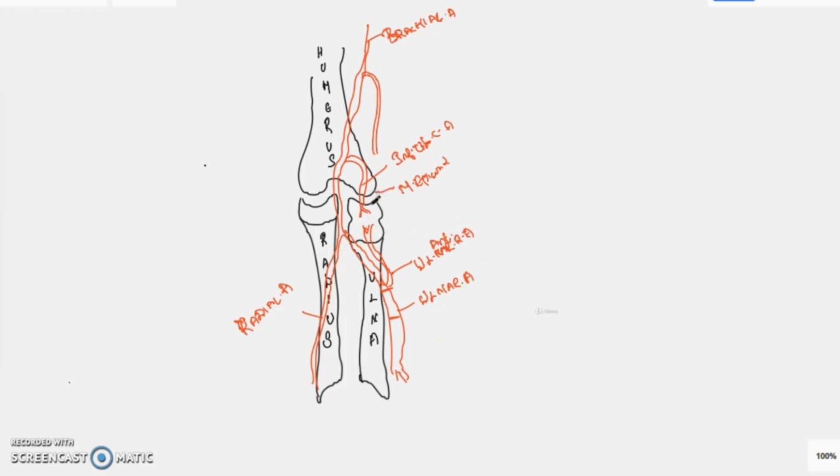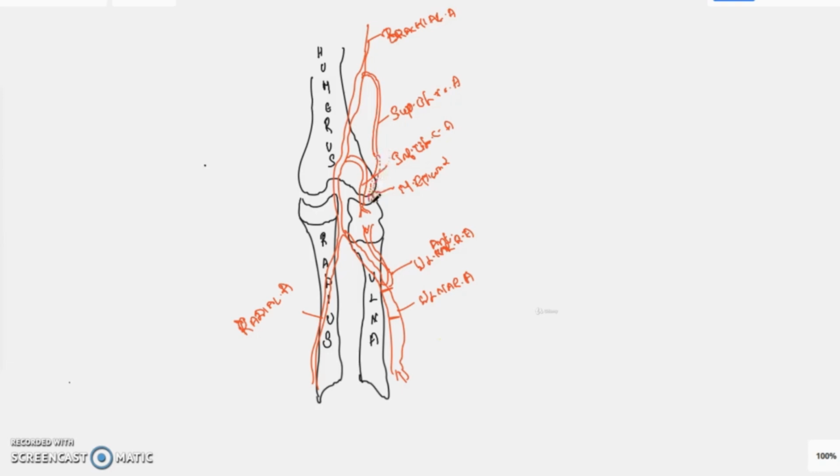Then behind the medial epicondyle, two arteries are anastomosing. We will have the superior ulnar collateral artery, coming from the brachial artery and going behind the medial epicondyle. Here you can mark it as a dotted line because it is going behind.